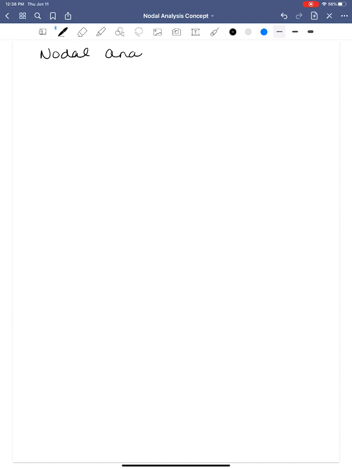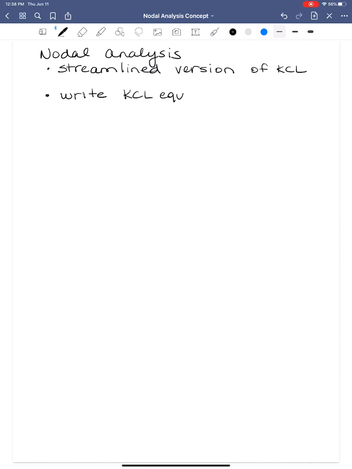So nodal analysis is simply a streamlined version of KCL, Kirchhoff's current law. We are going to write KCL equations. We're still going to write them in terms of a new type of variable we haven't used before, node voltage variables.